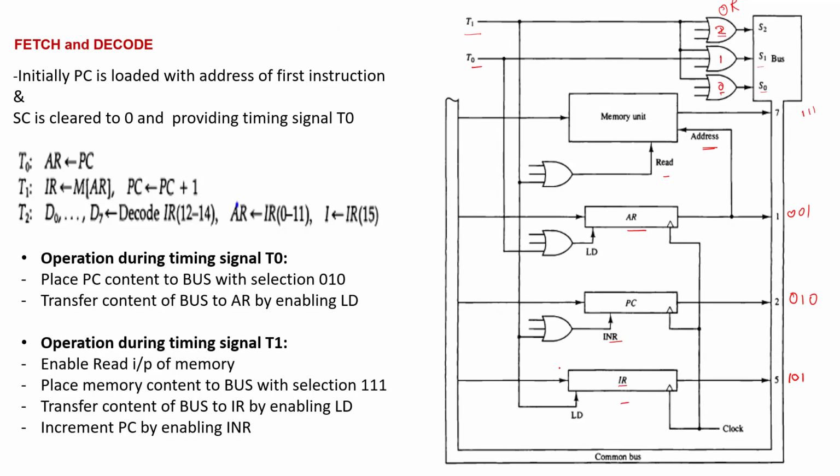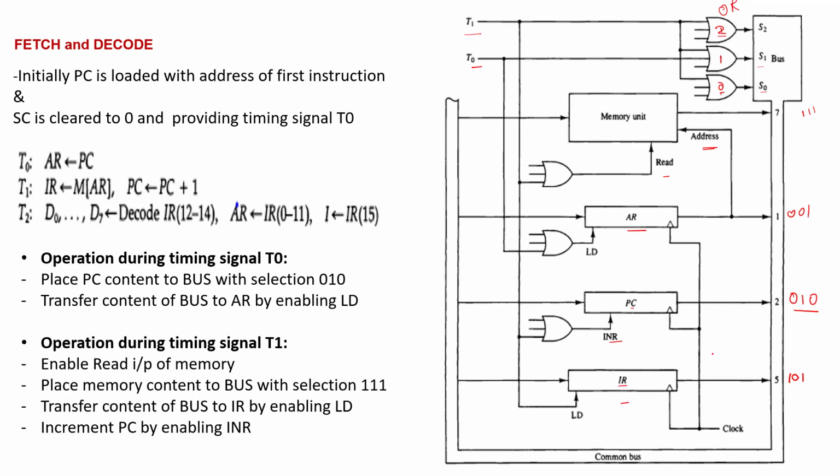So the purpose of the program counter is to be ready with the address which is going to be executed next. Here we'll have an increment in the program counter when the selection line combination is 2.